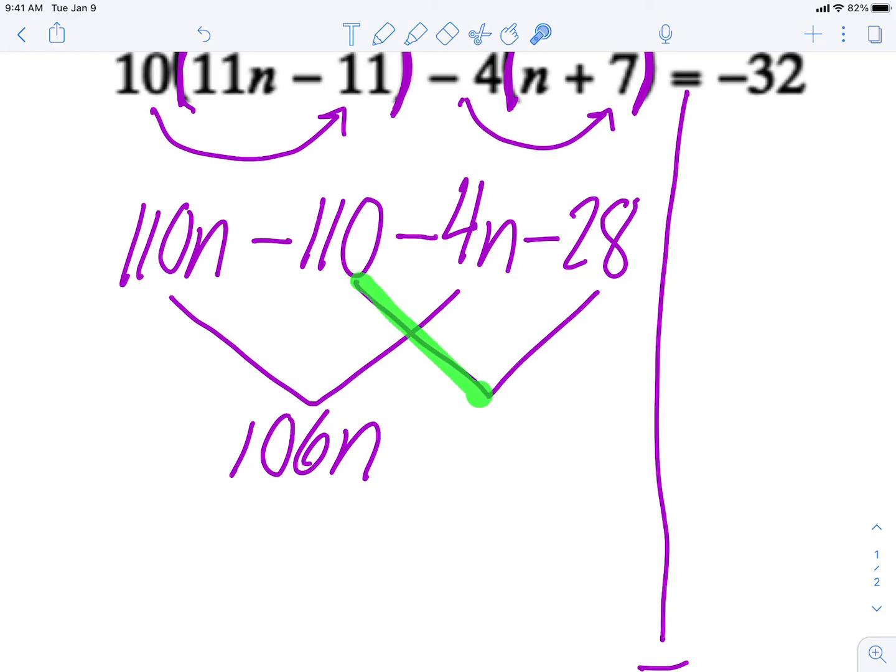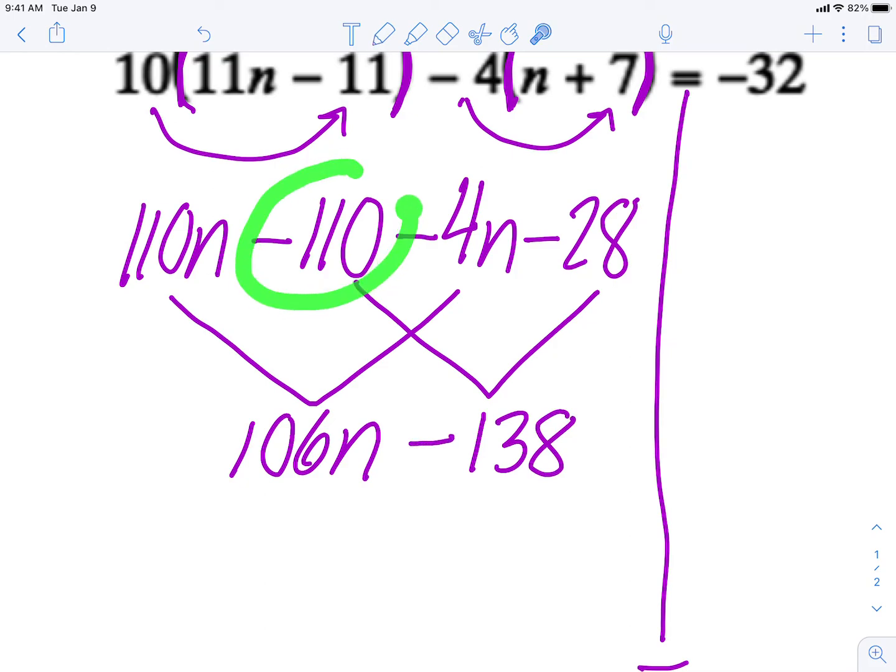And negative 110 and negative 28, well, they're the same signs. And when we're combining and two numbers are the same sign, we add, right? So 110 plus 28 is 138. And we know it's a negative 138 because 110 is bigger than 28 and 110 is a negative. Right?